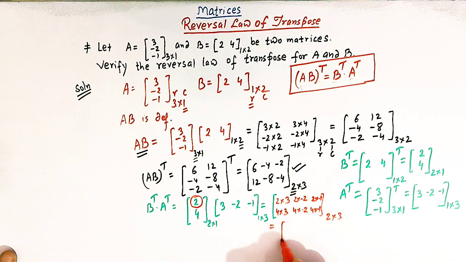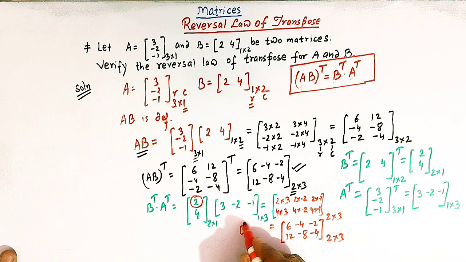So now we have the matrix 2 cross 3. So this is 2 3s are 6, this is 12, 4 3s are 12. Here we have minus 4, then we have minus 8, and then we have 2 times minus 1, minus 2, and then we have 4 times minus 1, minus 4, right? So the product B transpose and A transpose is given by this matrix.